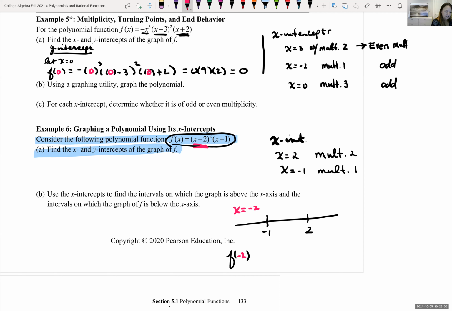So negative 2 minus 2 is negative 4, and negative 4 squared is 16. And then I have negative 2 plus 1, which is negative 1. I really just care if it's negative or positive, though I guess it could help me graph later. This is negative 16. Let's do it this way: how about negative infinity to negative 1? We know that this is below the x-axis.